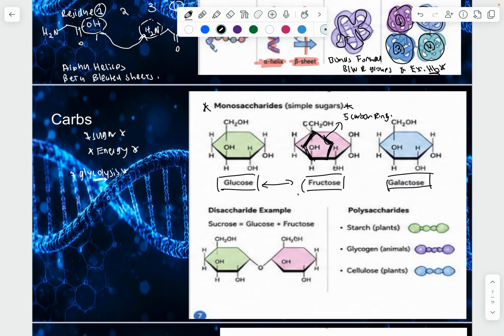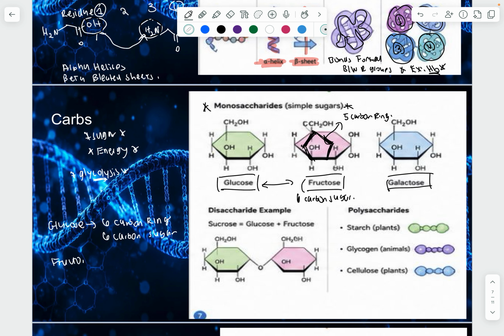However, your fructose is a 6-carbon sugar. So I'm going to say this, and this is something that is very important for your MCAT. Glucose is a 6-carbon ring, and it's a 6-carbon sugar.